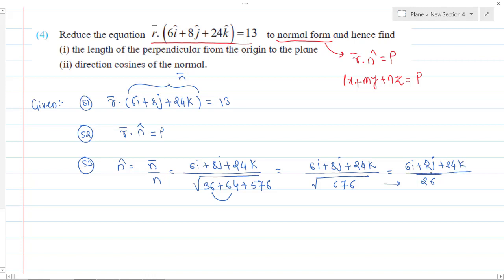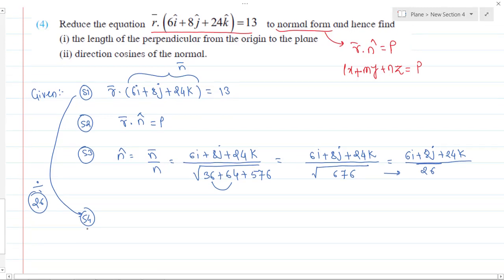Now the question is how we get divided by 26 here, because I want to convert into n cap. So step number 4 is what? Let's say divide the first equation by 26, then only I will get that n cap.